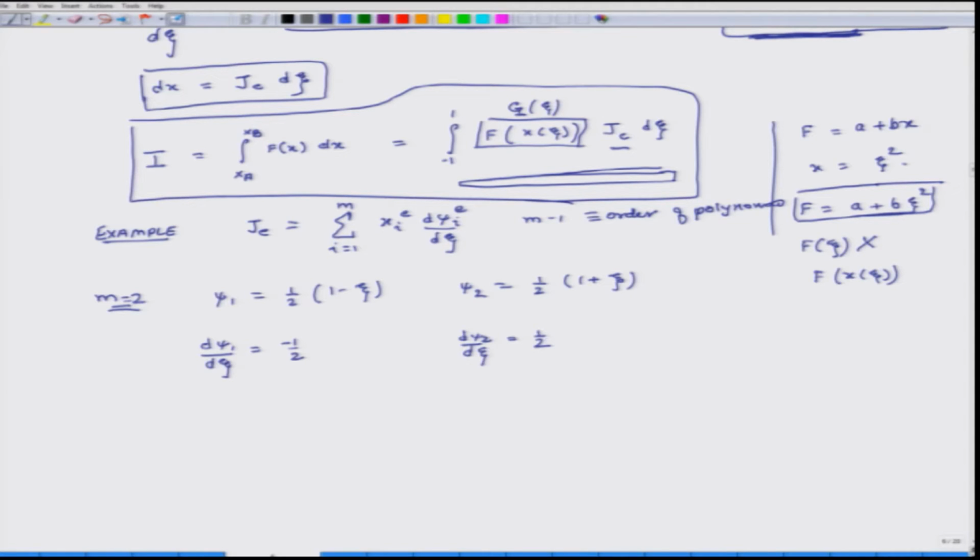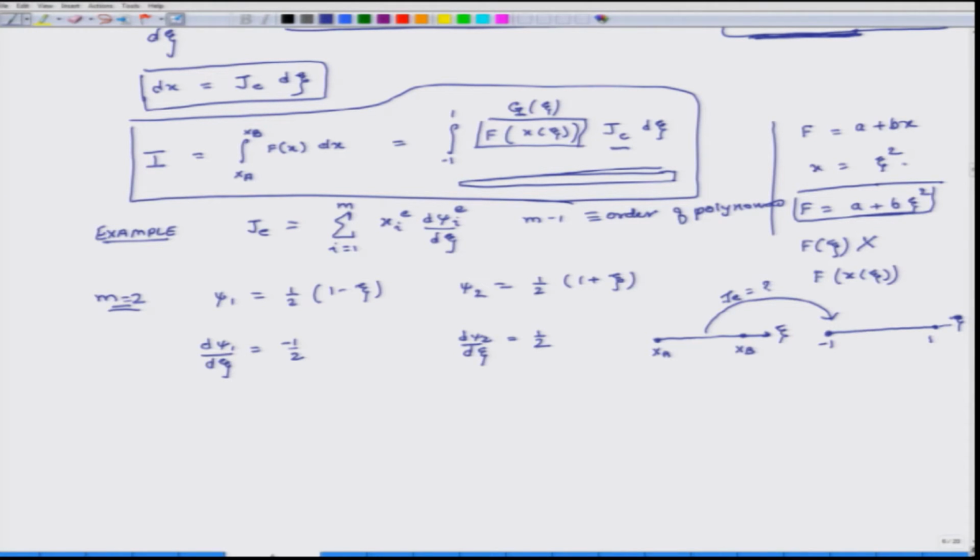So, for this transformation, a two noded element xa to xb is being transformed into a two noded element in the zeta domain, minus 1 to 1. This is my zeta coordinate, this is my x coordinate, and I am transforming from here to here. I have to compute the Jacobian of the transformation, that is our aim.